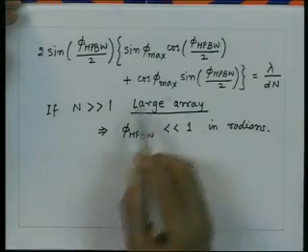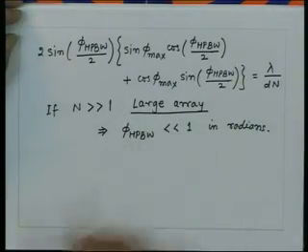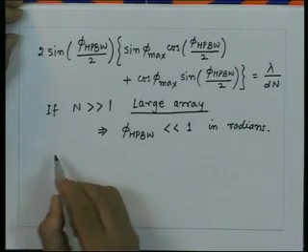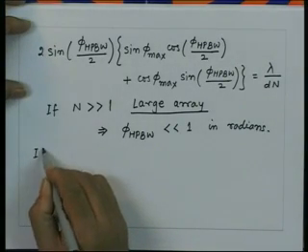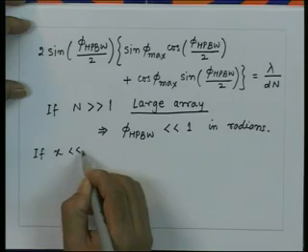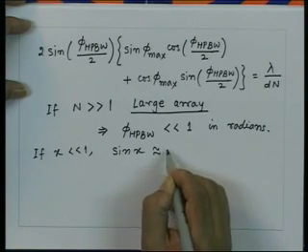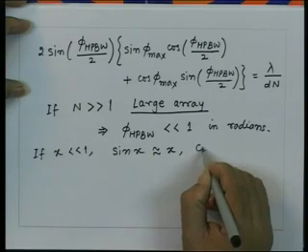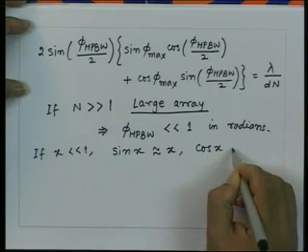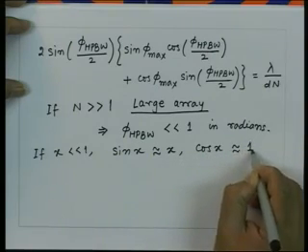So, I can make the approximation that if x is much less than 1, then sin of x can be approximated by x, and cos of x would be approximately 1.